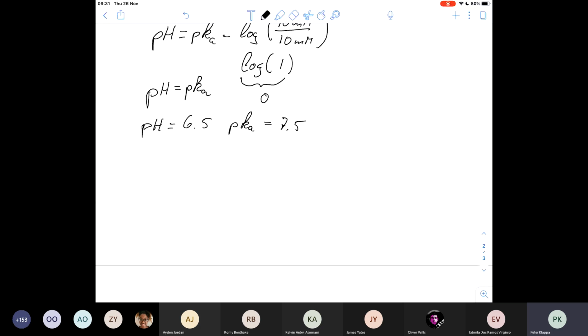Okay, so we are really interested in the ratio of acid to base. What is the acid to base ratio in this case?